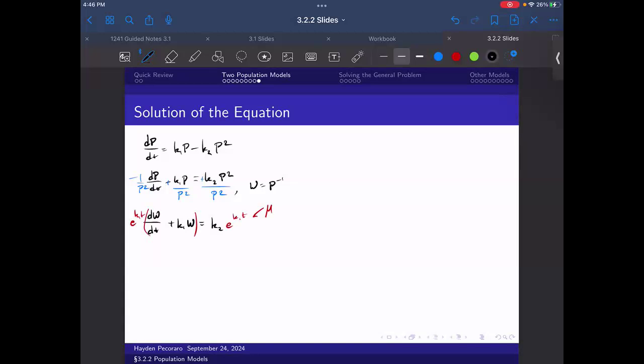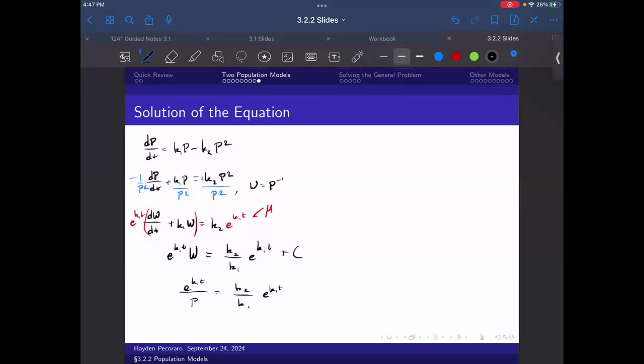And our solution here will be e to the K1t times W equals, what is that, K2 over K1 e to the K1t plus C. Okay. And then remember W is 1 over P. So we've got this for our solution here.